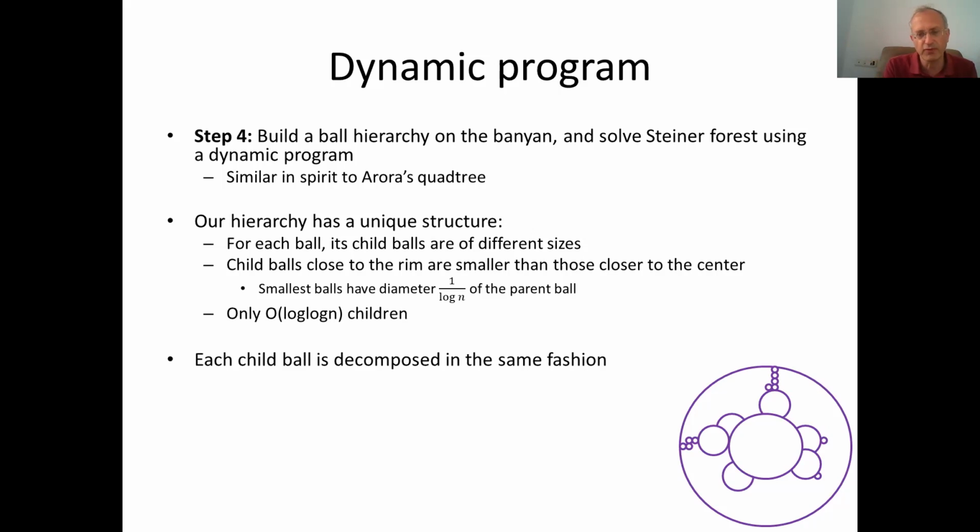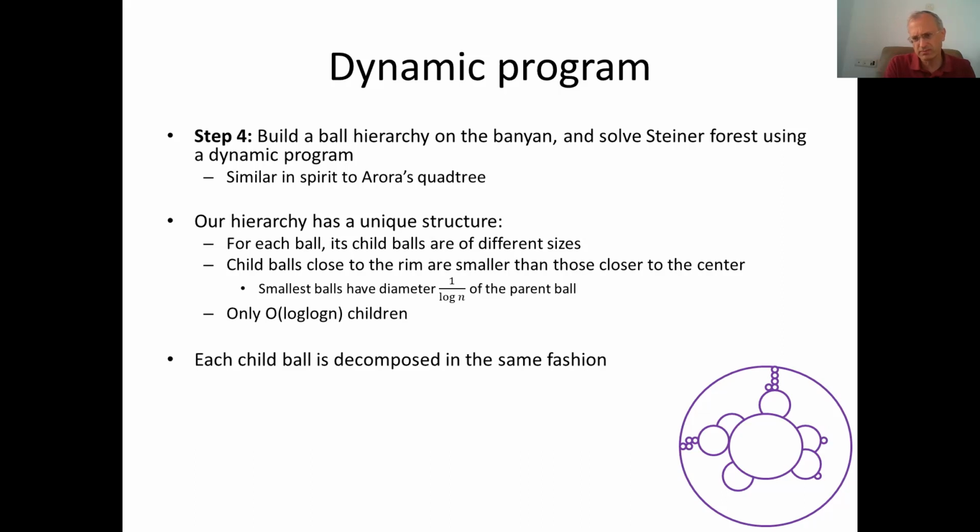that hasn't appeared before, in that if we have here a big ball in the hierarchy, its children are of various sizes. The children that are closest to the edge of the big ball are very, very small. The smallest ones have diameter 1 over log n factor of the parent ball.